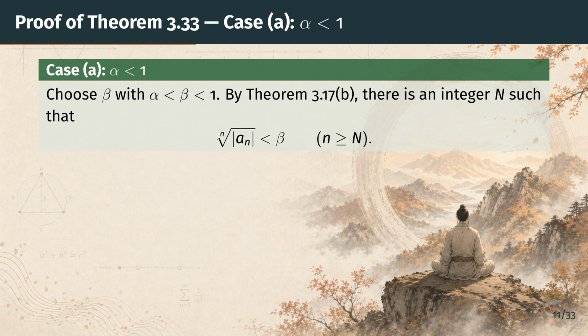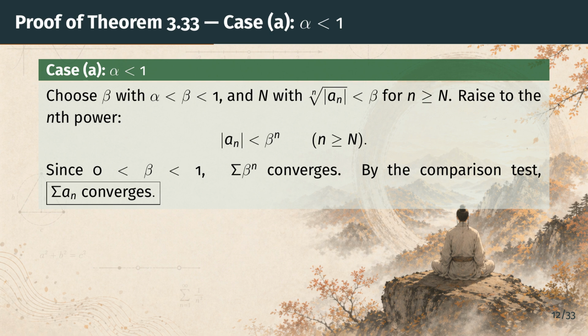Next, we turn this root inequality into a bound on the terms themselves. Raising both sides of that inequality to the nth power removes the root and gives a clean statement. For every n at least N, the absolute value of a sub n is less than beta to the n, but beta lies strictly between 0 and 1.